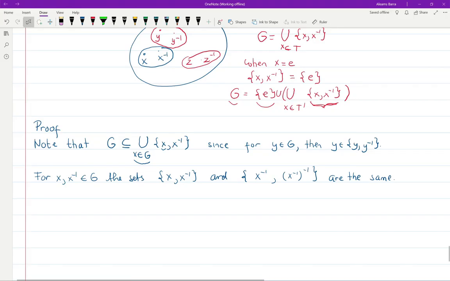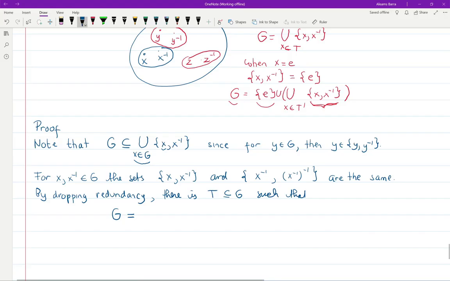So by dropping redundancy, there is T, a subset of G, such that G is contained in this union, but each of these sets is also contained in G, so G is exactly equal to that union.